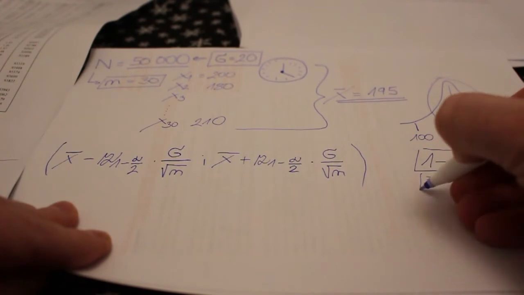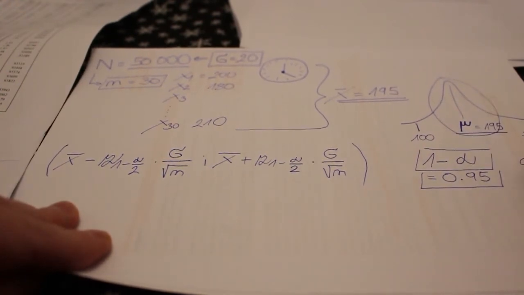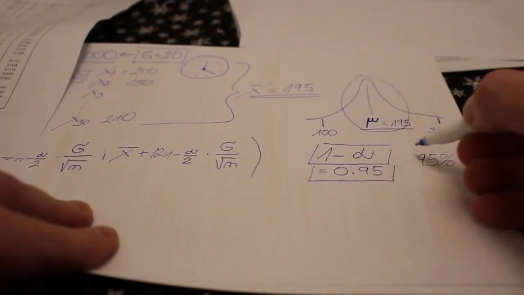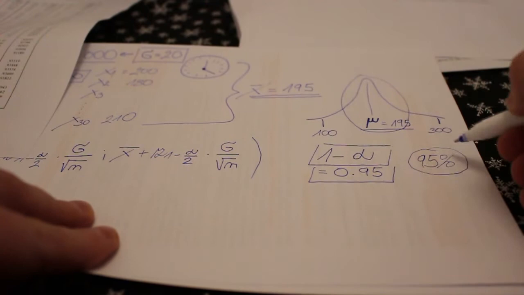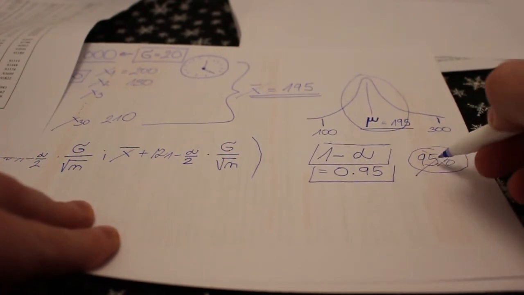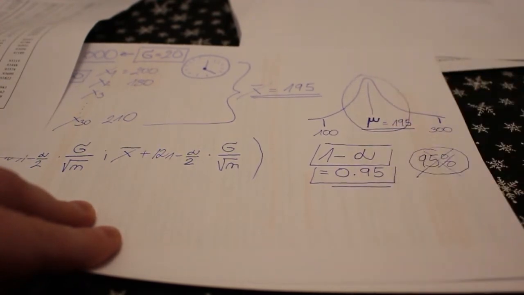0.95, a 95% confidence interval. But you know that in statistics we never use percentage for calculation, so instead of 95% we must use this 0.95.